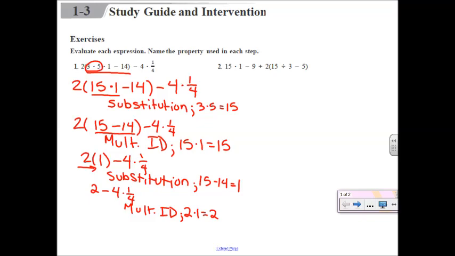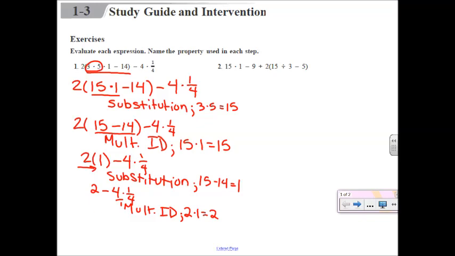And then, it might not look like it, but the next thing we have is 4 times 1/4. And 4, written as a fraction, is 4 over 1. So you can see that the fractions have been flipped. That's called the multiplicative inverse property. Anytime you multiply something by its inverse, you end up with 1.